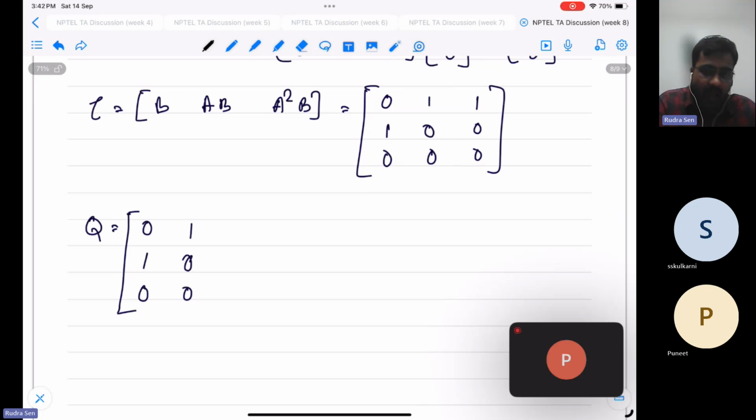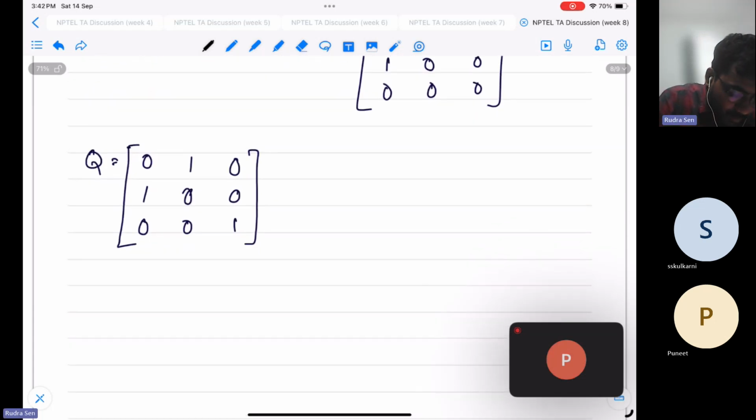And since I need another vector to make this matrix square and invertible, I choose another vector which makes this Q square and invertible. So I choose, let's say, 0 0 1. This is my choice. You can choose 1 1 1 as well. That choice is also okay, as long as this Q matrix is invertible.